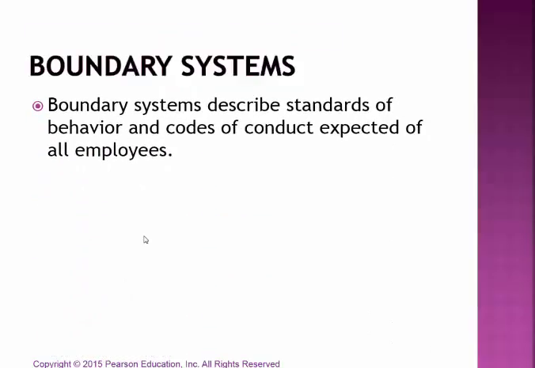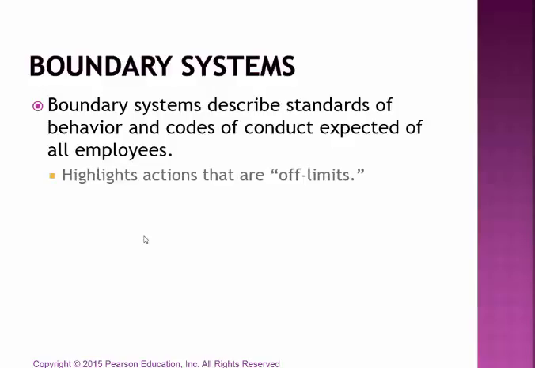In regards to our boundary systems, we're basically setting the parameters or the standards of behavior and the codes of conduct that we expect all those employees to work within. So again, the perimeters or the boundary, the standards of behavior and the codes of conduct that we expect from all of the employees, not just management, this is everybody.